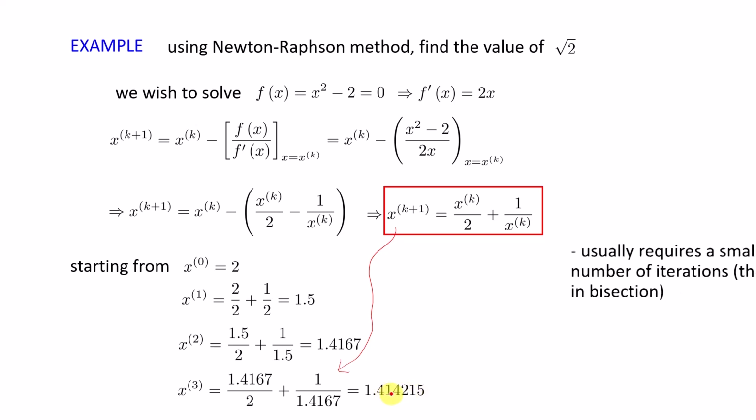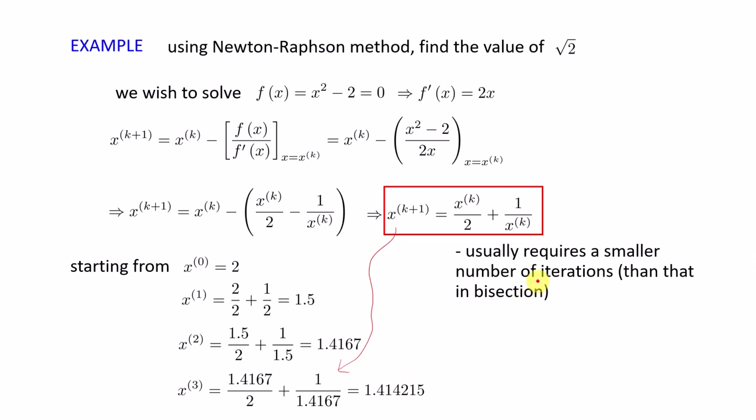So you can see that in only a few iterations we are reaching toward the actual root. Usually Newton-Raphson method converges in a small number of iterations as compared to bisection method. We call this a quadratic convergence, so it converges very rapidly.